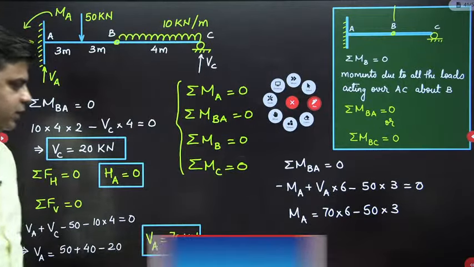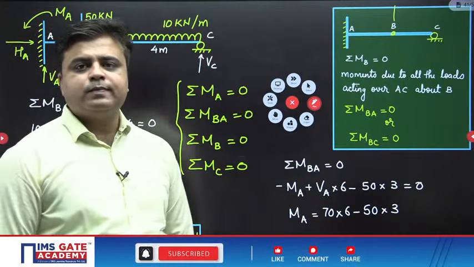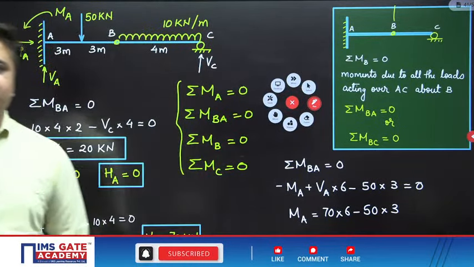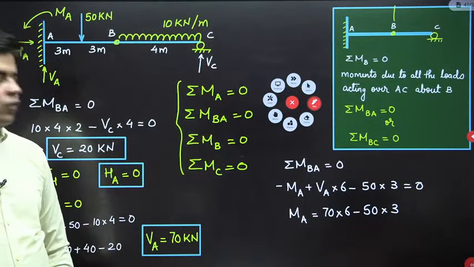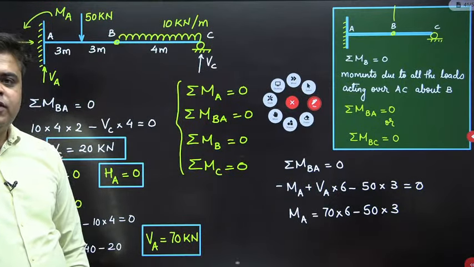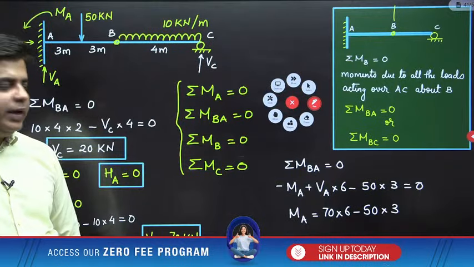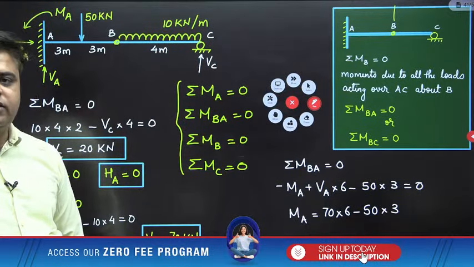So 7 6s are 42, 420 minus 150 will be how much? What is 420 minus 150? Please tell me the answer. That will be your MA.